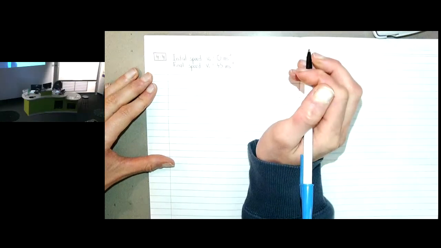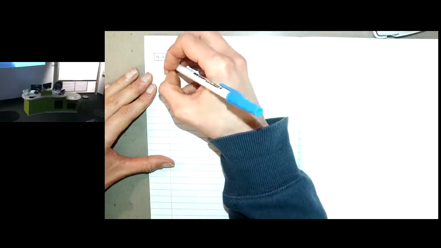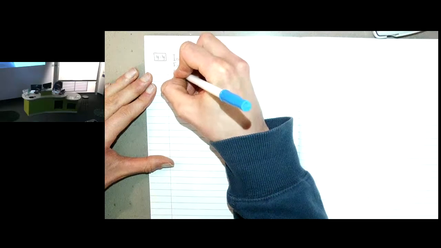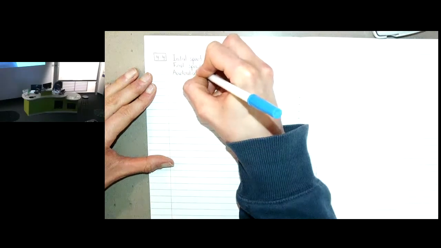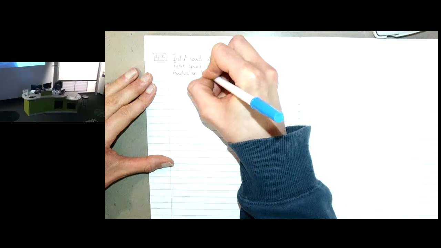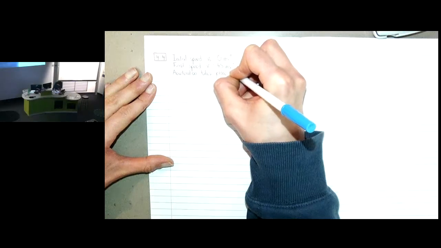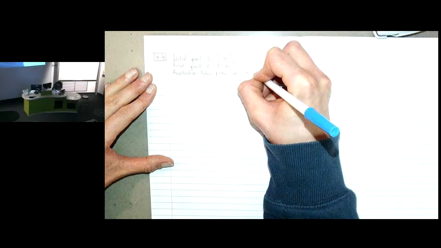And what else do we know? We also know that the acceleration took place over 7 seconds, or the speed change takes place over 7 seconds. I'll give that a symbol, I'll call it T, and that's 7 seconds.